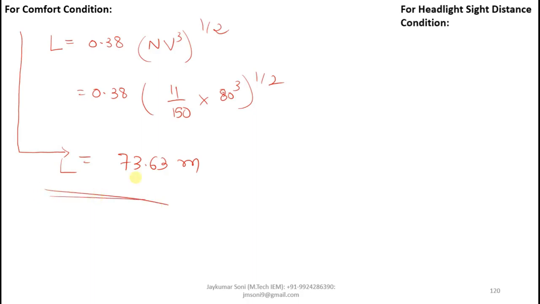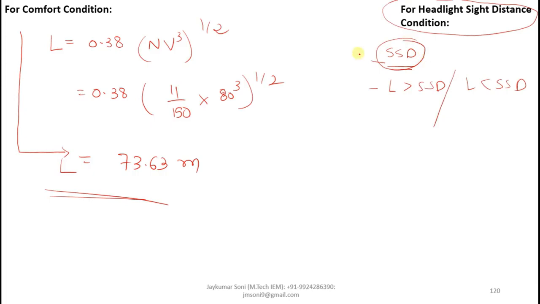The second condition is about the headlight sight distance. The equation for the headlight sight condition is quite lengthy and laborious because you need to consider the value of SSD, then consider either this case or this case. So we will calculate the value of SSD.